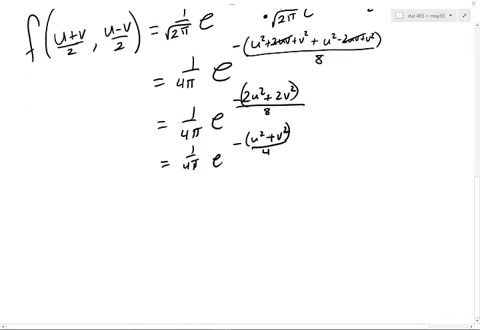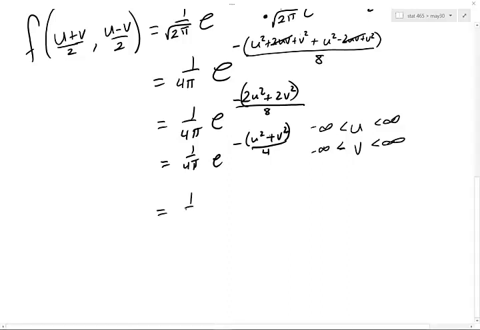Did I change anything? Well, I took infinity plus infinity and negative infinity minus infinity. So u is going from negative infinity to infinity, and v is also doing the same thing. Once again, u and v are independent because I can break this back into two pieces if I like.